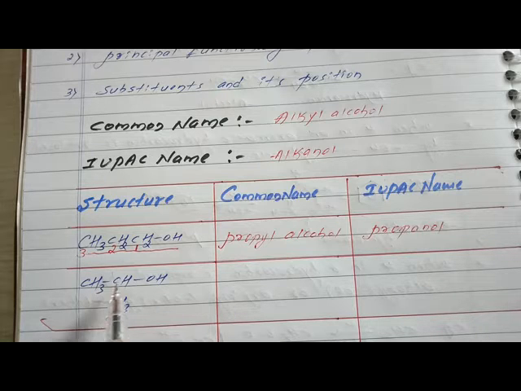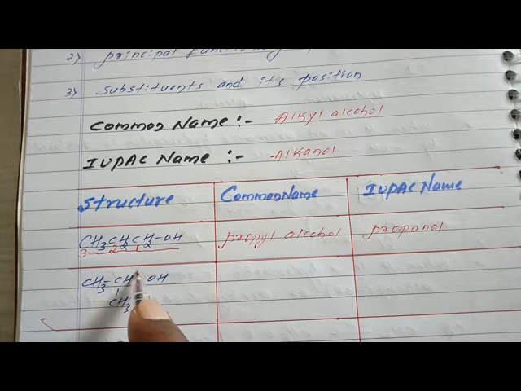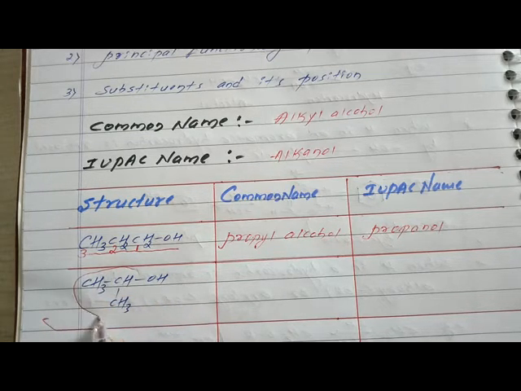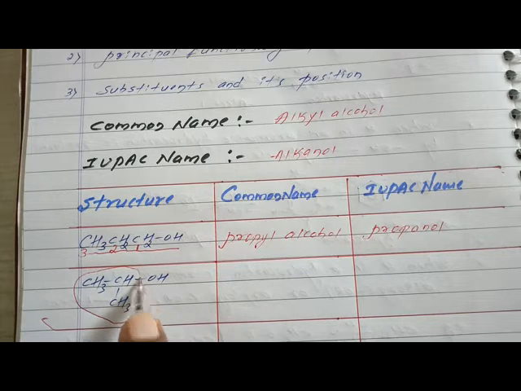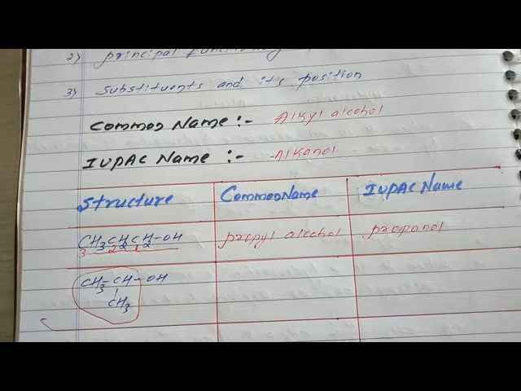Now we have CH3, CHOH, CH3. We are thinking about the common name. While writing the common name, the first thing is to identify the alkyl group present in the compound. This is the alkyl group, CH3, CH, CH3. Now what is the name of this alkyl group? As there are three carbon atoms, 1, 2, 3, it is propyl.